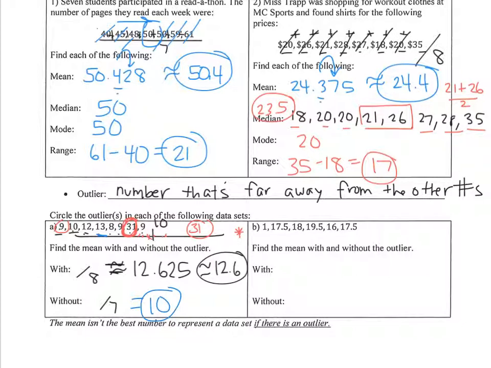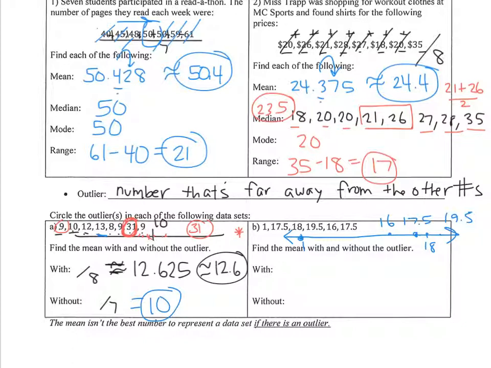So I'm going to do that on the next data set. But first, think of a number line to figure out what the outlier is. So if this is 1, this is 17.5, this is 18, this is 19.5, this is 16, this is 17.5.